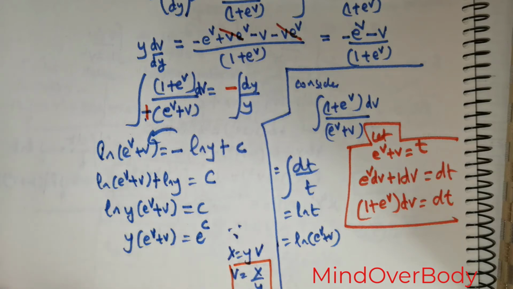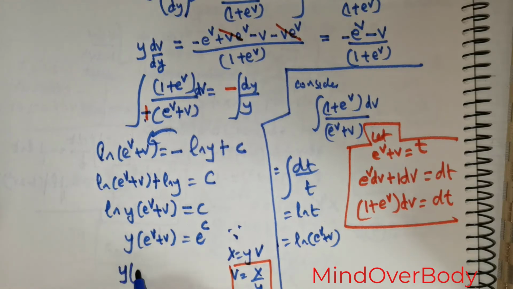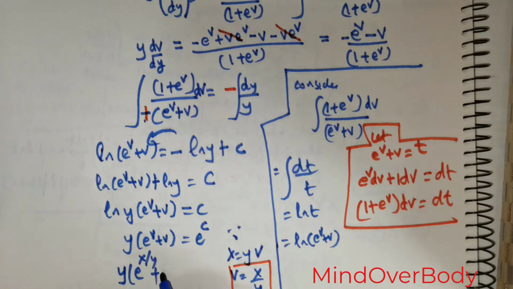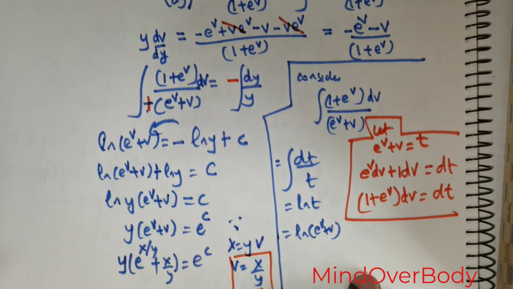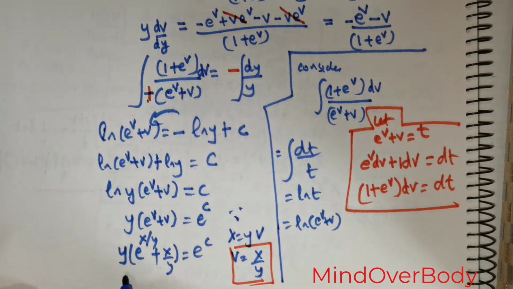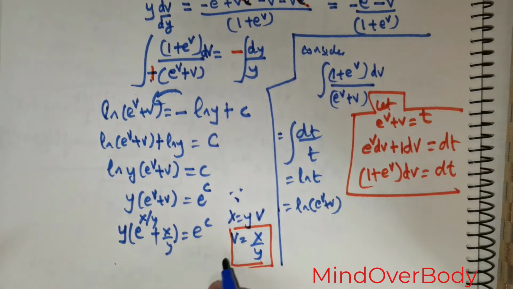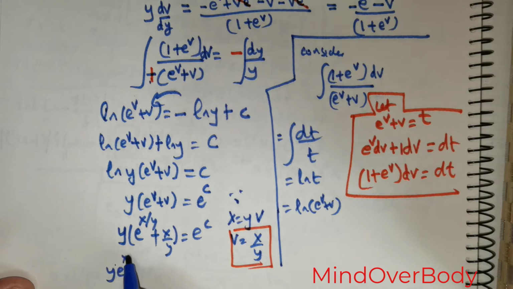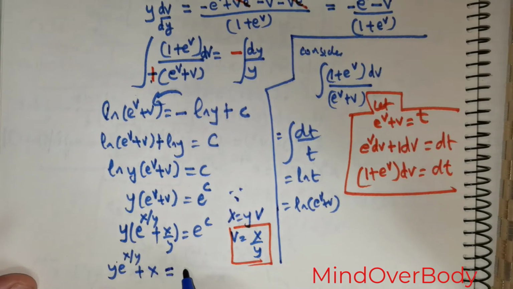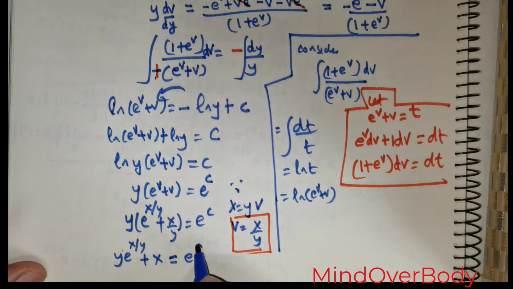If I do that, this can be rewritten as y times (e raised to the power of x over y plus x over y) is equal to e raised to the power of c. Of course, when y comes inside, this is going to be y times e raised to the power of x over y plus x is equal to e raised to the power of c.